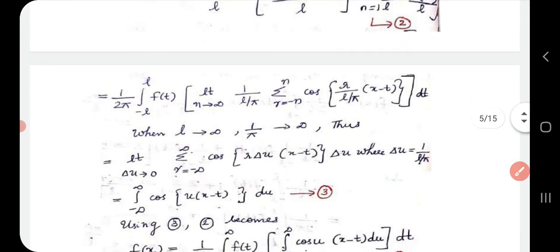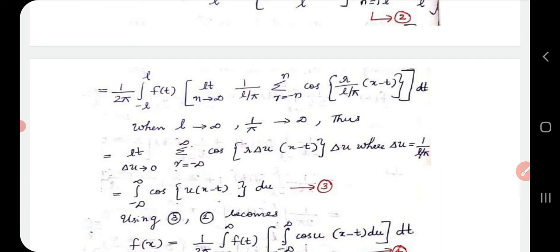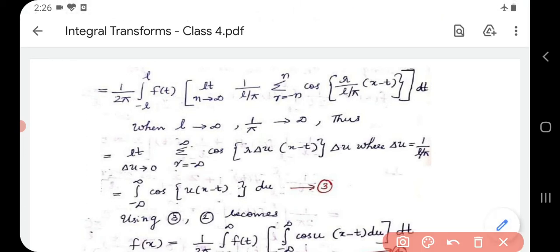Now in that term, when l tends to infinity, 1 by l by pi tends to 0. So this is again written in a particular form. They are introducing another variable, say u, delta u tending to 0. Here delta u is nothing but 1 by l by pi. This one they are replacing with the letter u.